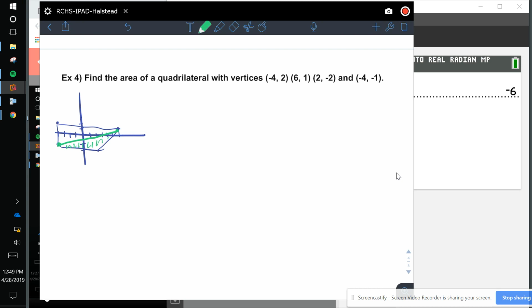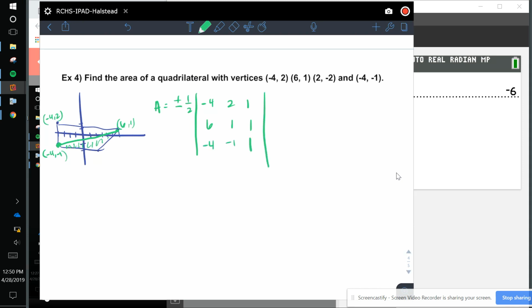So I'm going to start with the area is equal to plus or minus 1/2 times the determinant of -4, 2, 1, and 6, 1, 1, and then this other point over here, -4, -1, 1.